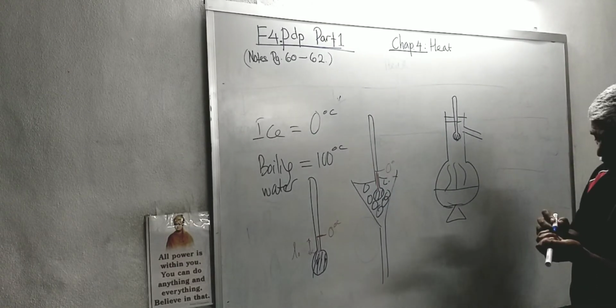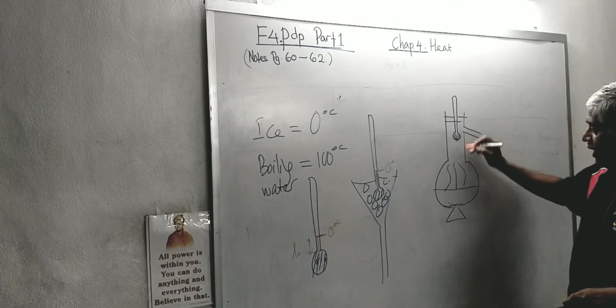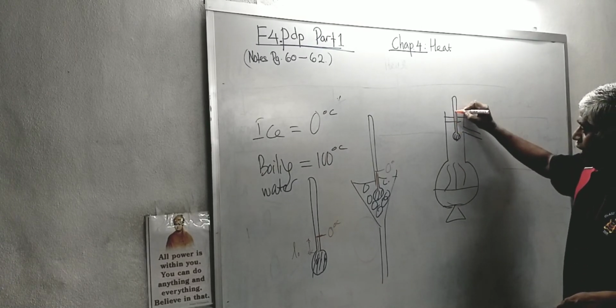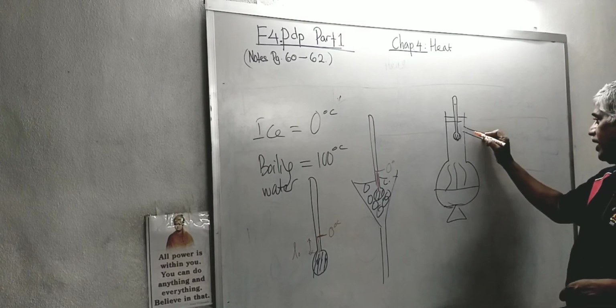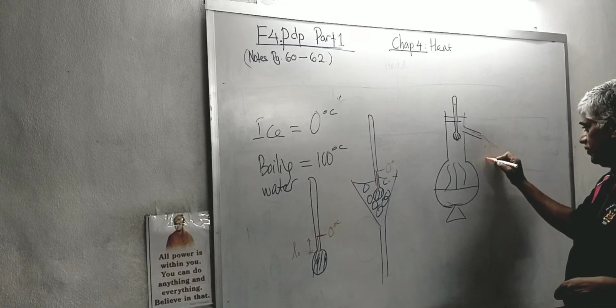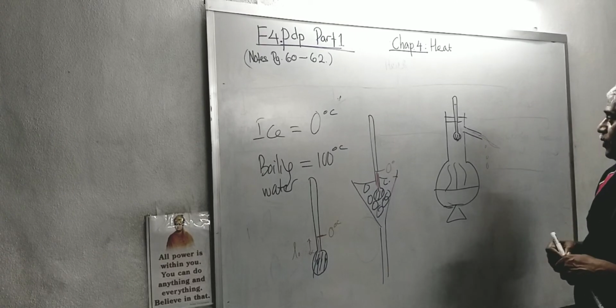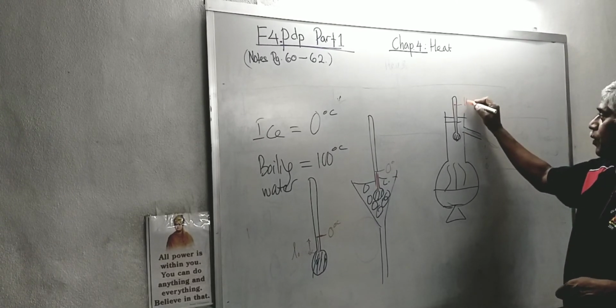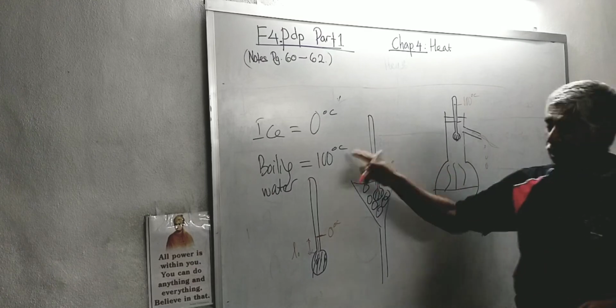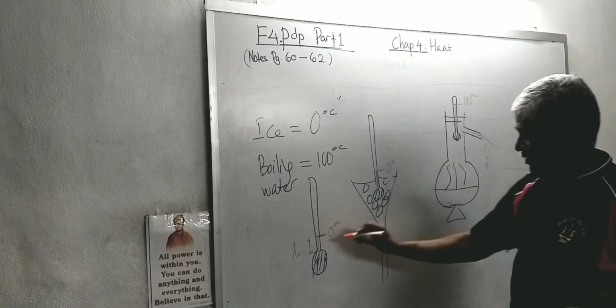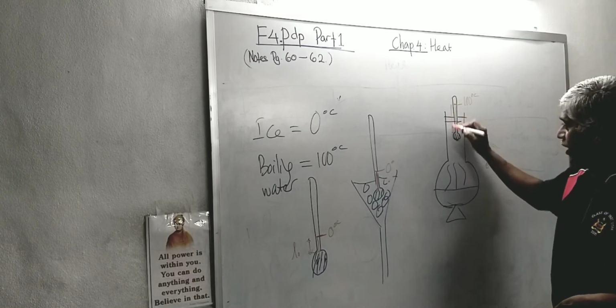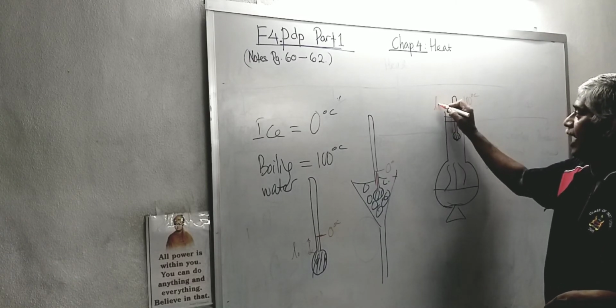So let's say now the mercury level, after some time, of course the mercury will go up and stop here. When it stops there, here the steam is coming out. So this is called the boiling point, 100 degrees Celsius. Just now I already marked here 0. So now from here to here, I mark it as L100.